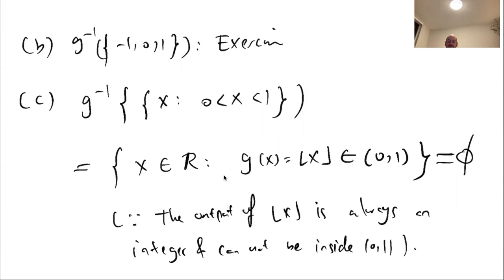We are looking for inputs whose outputs belong to the open interval 0 to 1. But every number in the open interval 0 to 1 is a non-integer. So none of them can be an output for floor x, because the output for floor x is always an integer, but none of the elements here is an integer. Therefore, this set must be the empty set.